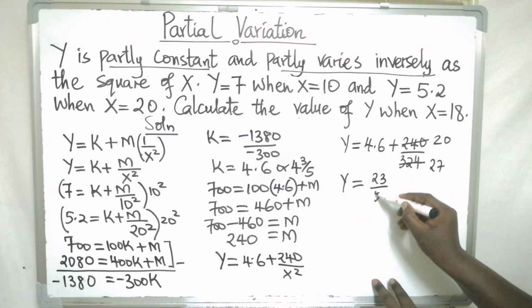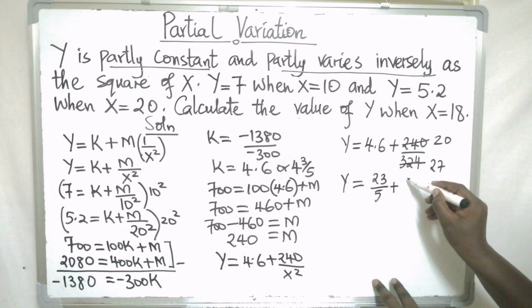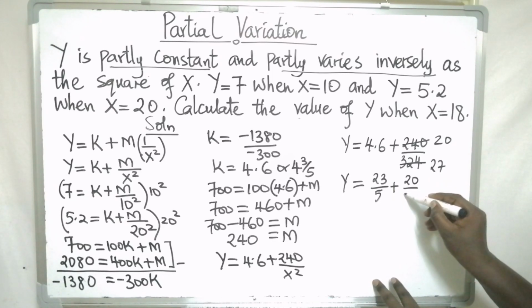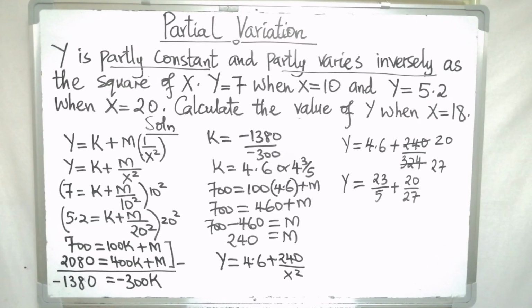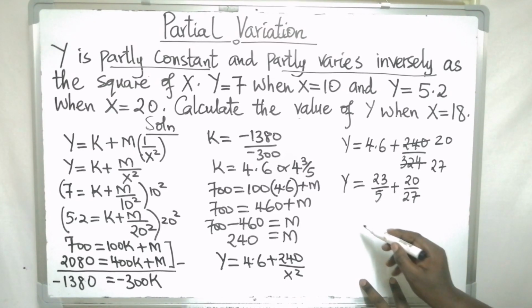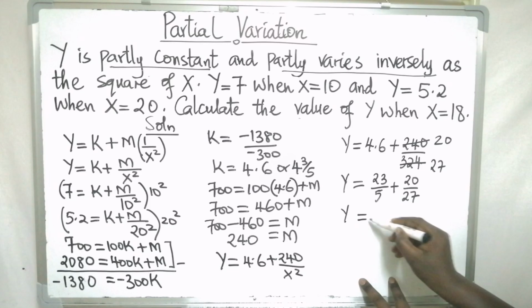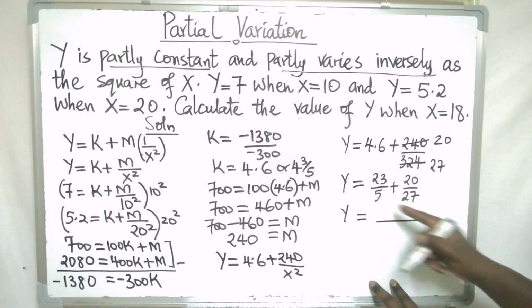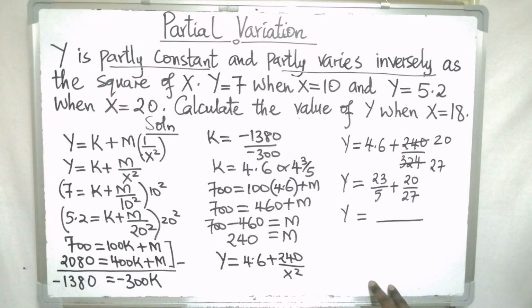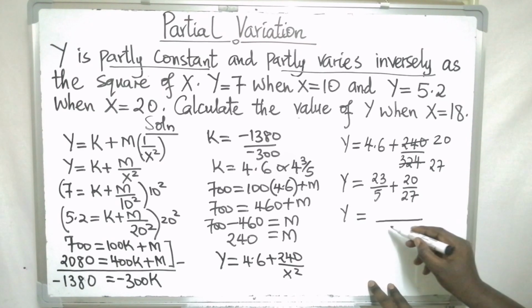23 divided by 5 plus 20 over 27. When you add those two fractions, you get your value of y. The LCM of 5 and 27 is 135.